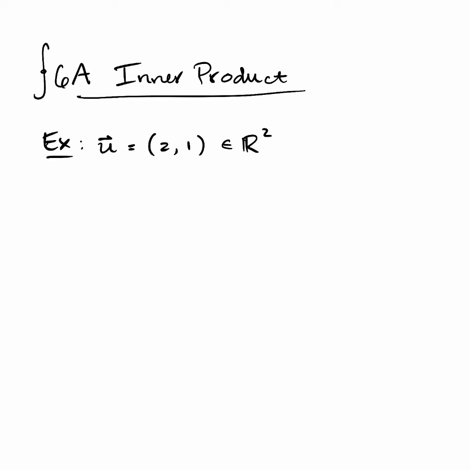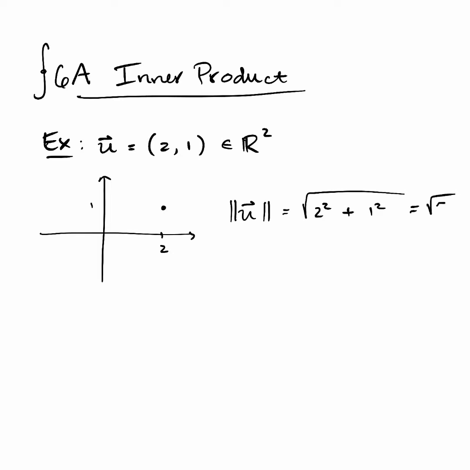Visually, if you're interested in the magnitude of that vector, you imagine the two-dimensional plane and think of that vector as being 2 over and 1 up, and magnitude just means distance to the origin. So by the Pythagorean theorem, the magnitude of that vector is the square root of 2 squared plus 1 squared, so root 5.